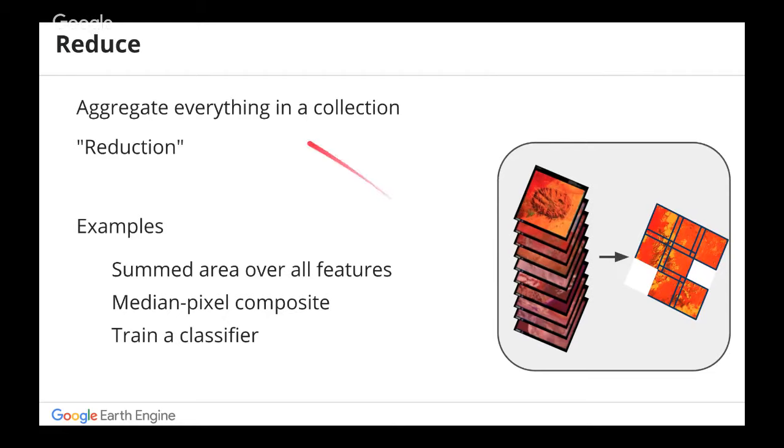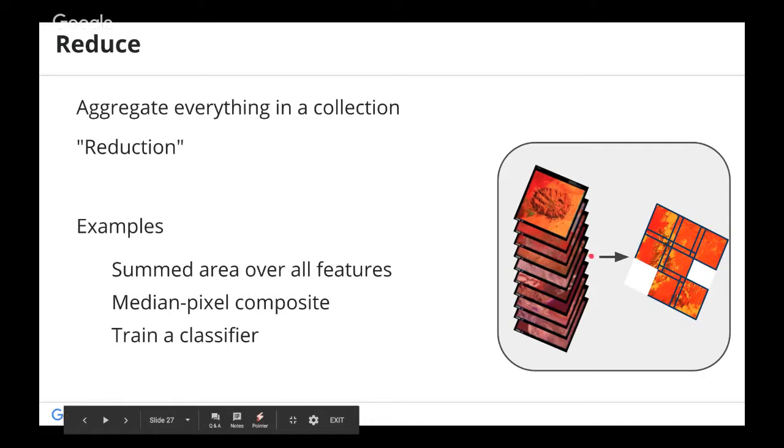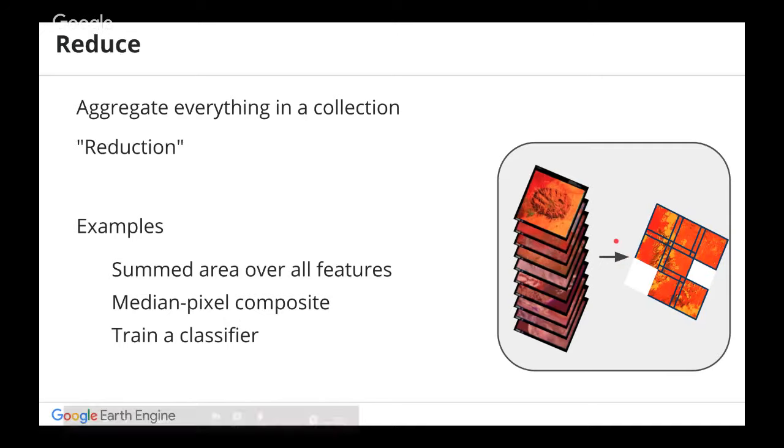Reduce. So map is doing the same thing to every element in a collection. A reduction, or reducing a collection, is aggregating things into fewer things. So for example, you can take an image collection and aggregate it. The example I gave you previously is with the median.